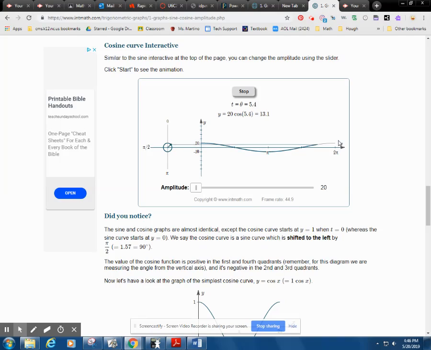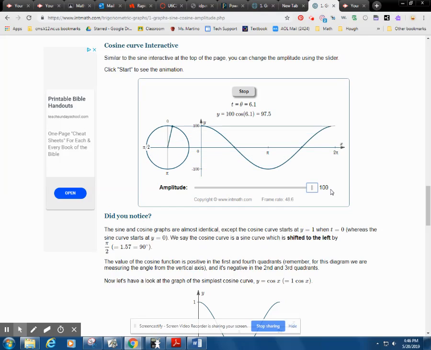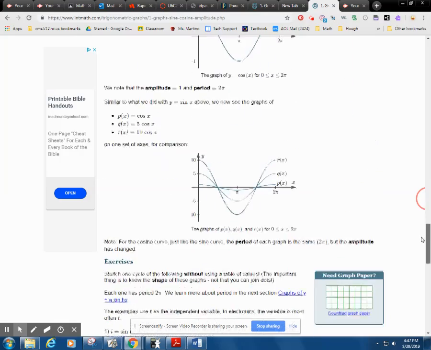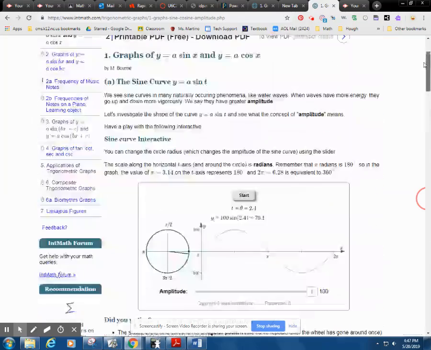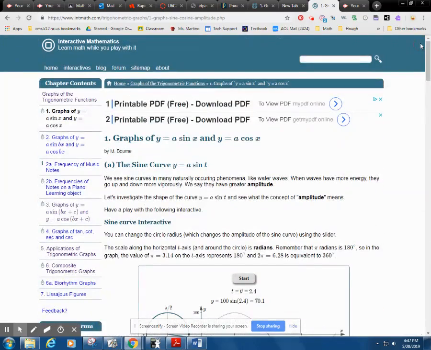And if we change the radius of the circle to a larger number, then the height gets bigger. Anyway, that's kind of a rotation going around the circle. I'll come back to this website. It's a really good website, and I think I put the web address in your packet.